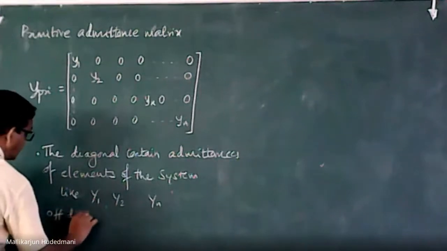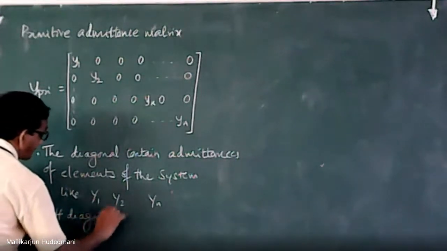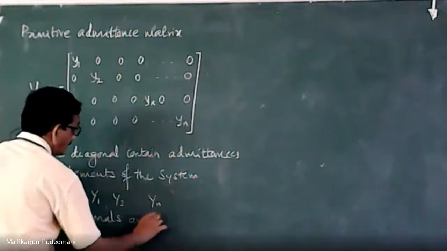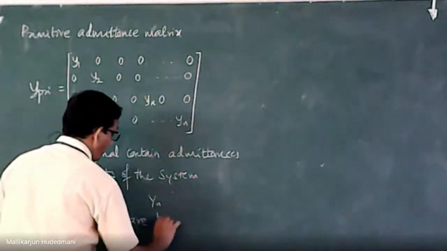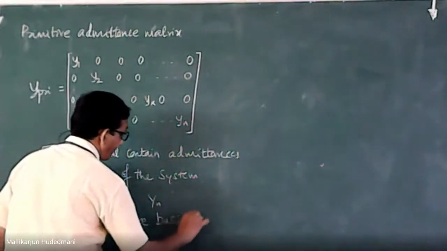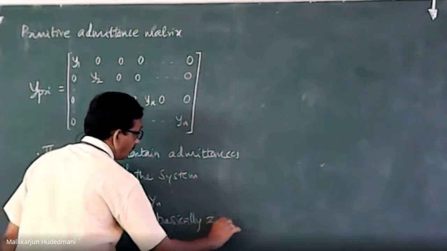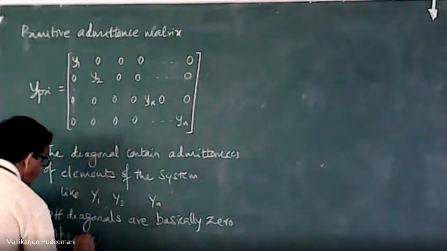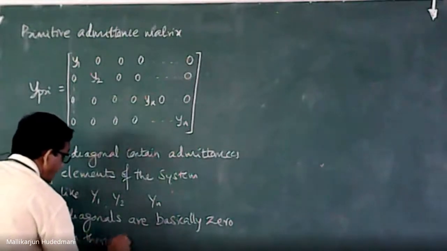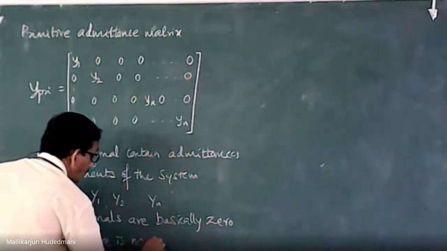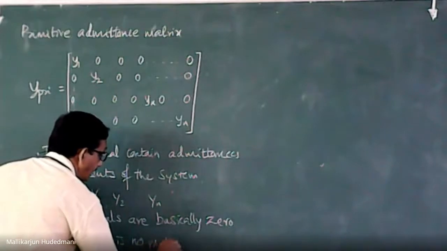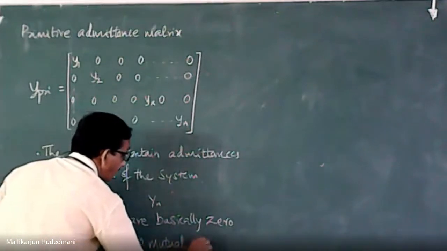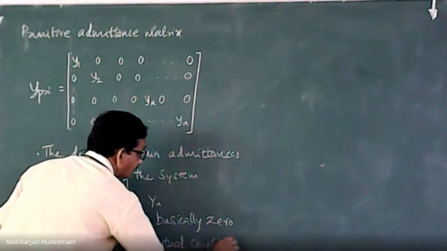Off diagonal entries are basically 0 when there is no mutual coupling.